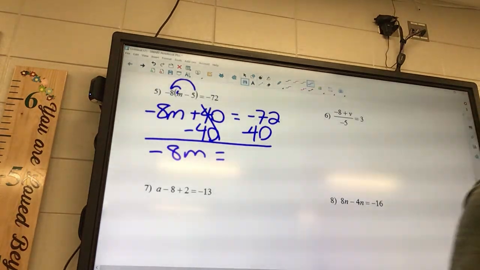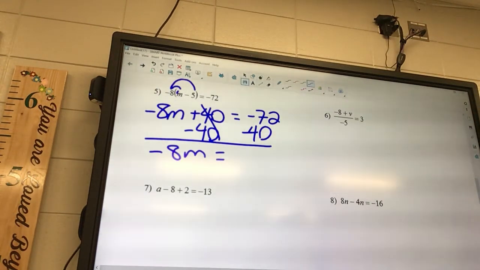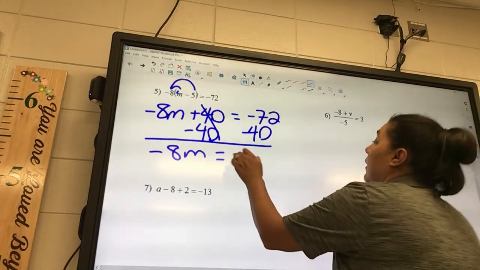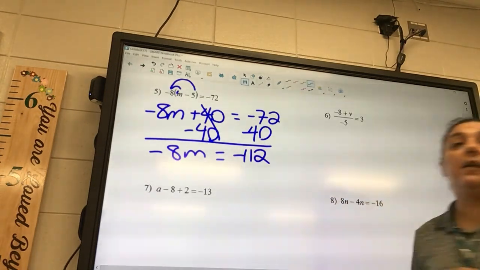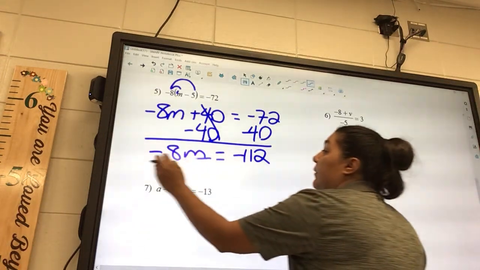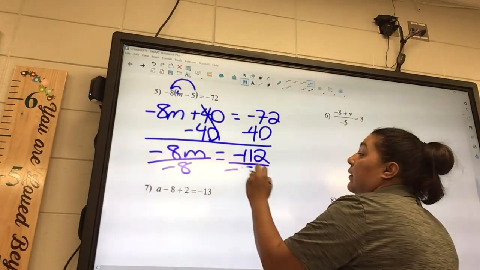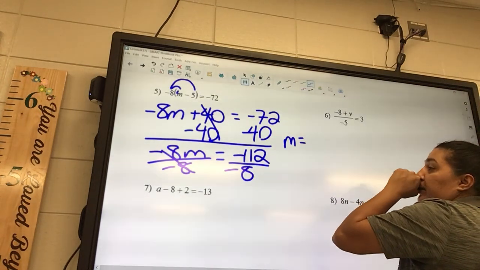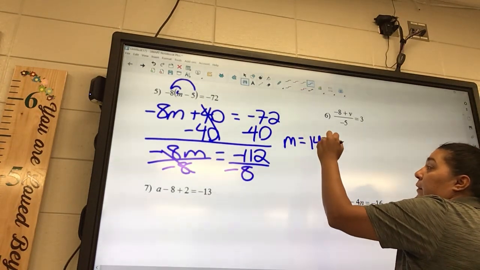Negative 112. Then our next step is to multiply or divide? Divide. We're going to divide by negative 8. So m equals what? 14. Somebody agree? Yeah.